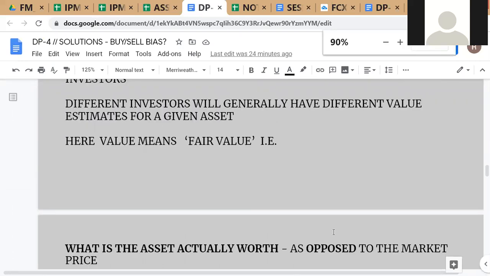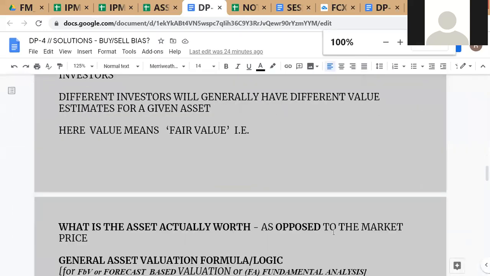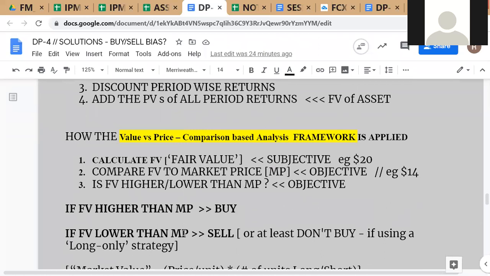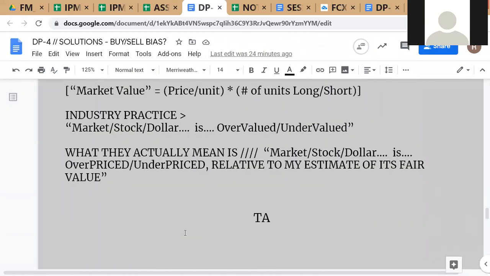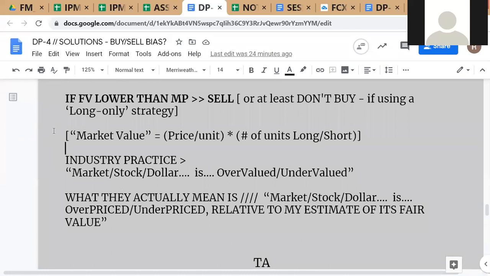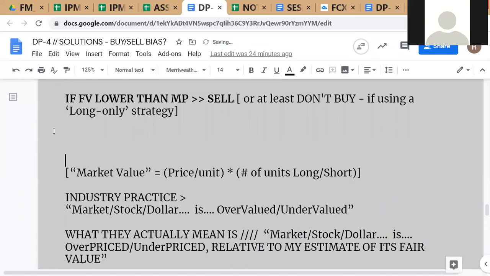Let's put it here that before we go to this, let's say, most common fair value models.